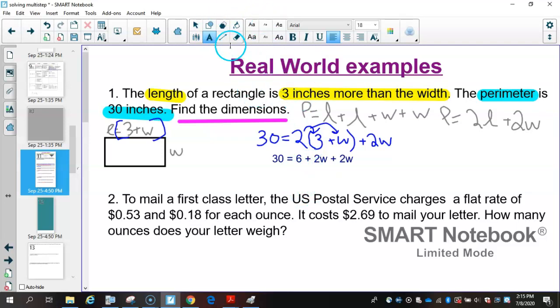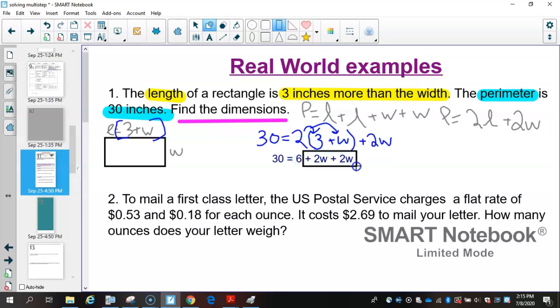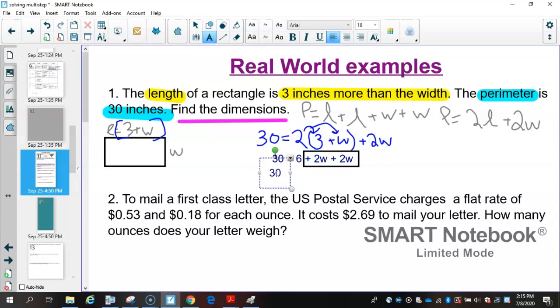I'm going to go ahead and combine my like terms, but if you choose to move the 6 first, that's fine as well. So I see that I have 2 sets of 2W's. So when I combine those or add them together, because they're both positive, I get 30 equals 6 plus 4W.